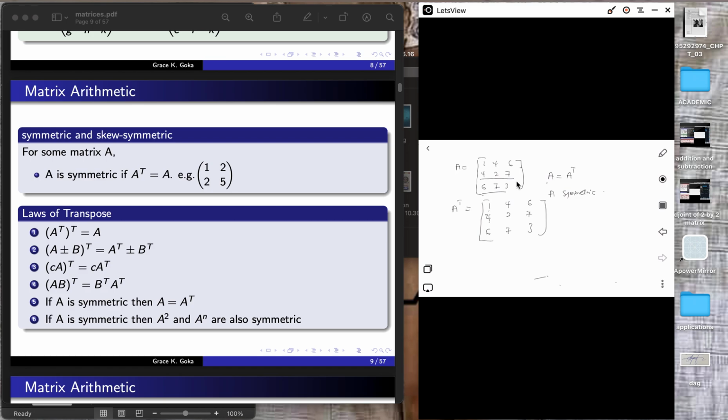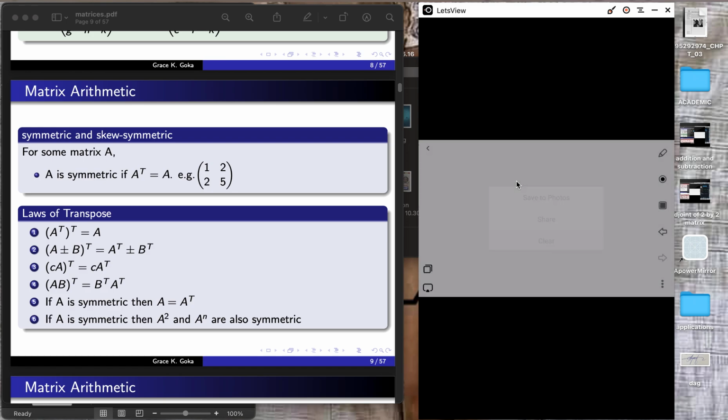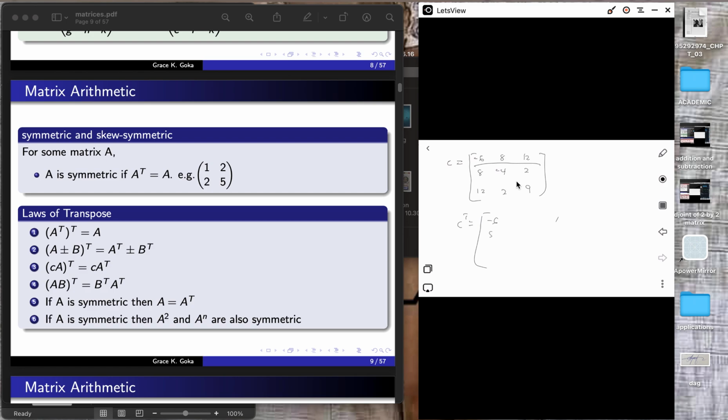Then let's look at another example. Let's say matrix C is equal to -6, 8, 12, 8, -4, 2, 12, 2, and 9. If I find C transpose, I pick the first row, which becomes a column -6, 8, 12.